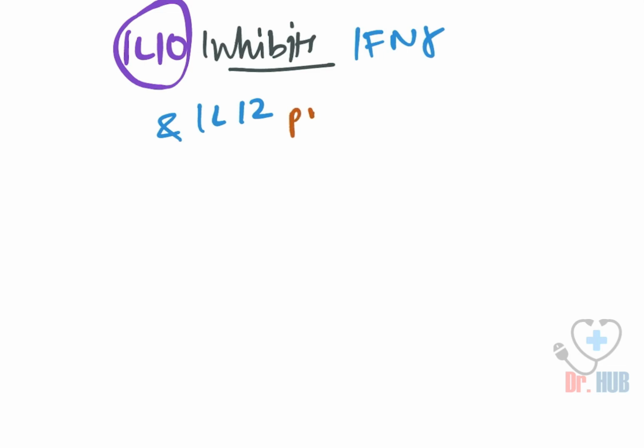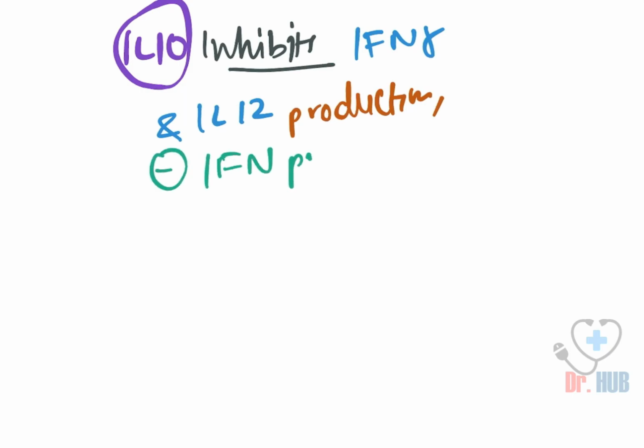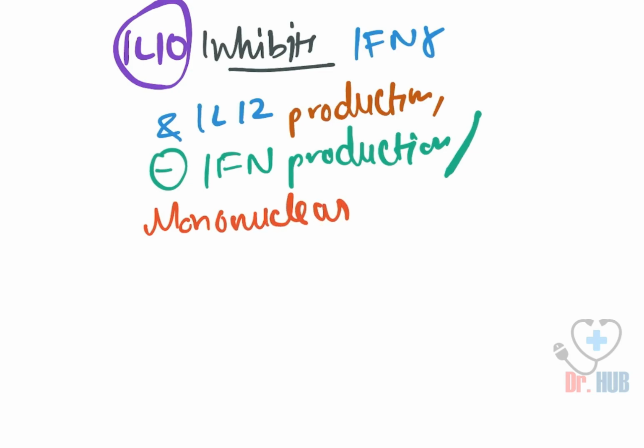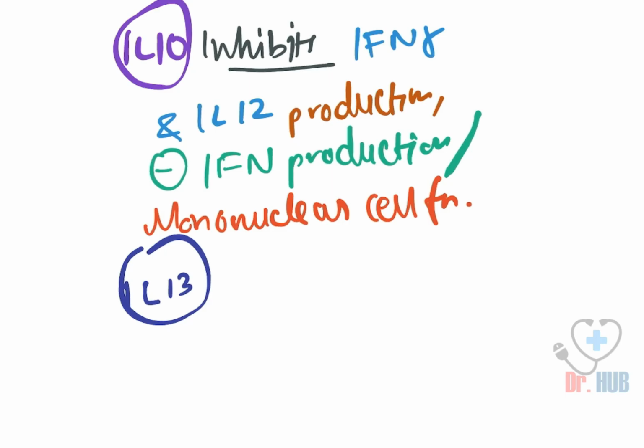It inhibits both of their production, and also it inhibits the IFN production as well as the mononuclear cell function. Next, there is also IL-13, which is an anti-inflammatory cytokine. So we saw IL-4, 10 and now 13.